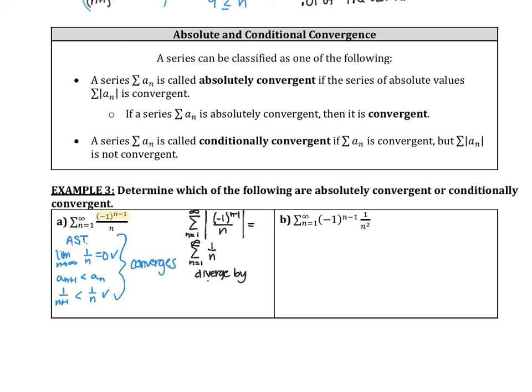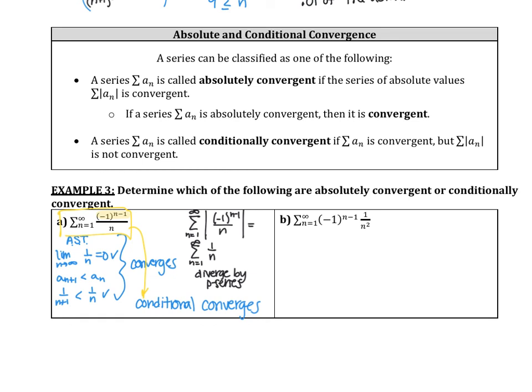It's a harmonic series. Therefore, this series convergence here is what we refer to as conditional convergence. Because it converges as an alternating series, but outside of that, it does not converge. And therefore, this is called conditional convergence.